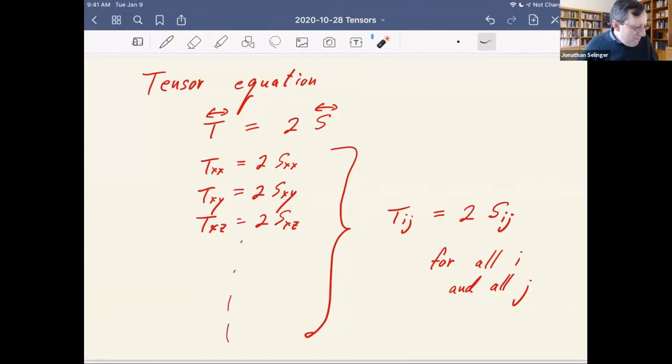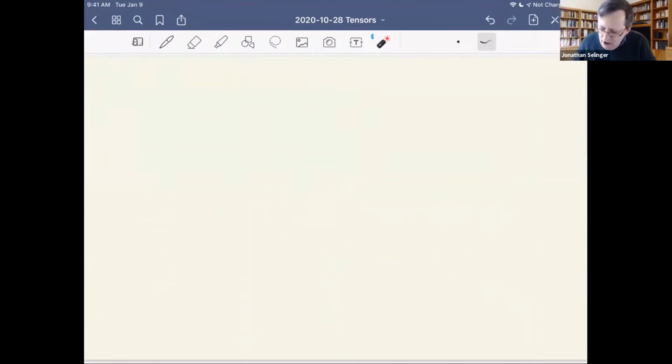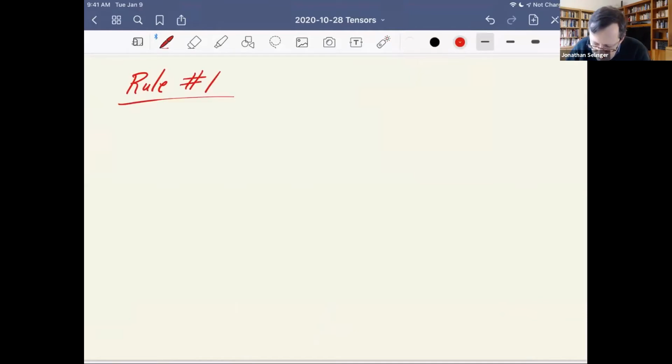Okay, so people always mean for all i and for all j, even if they don't explicitly say it. Okay, so this leads us to what I will call rule number 1 of my rules for working with tensors.